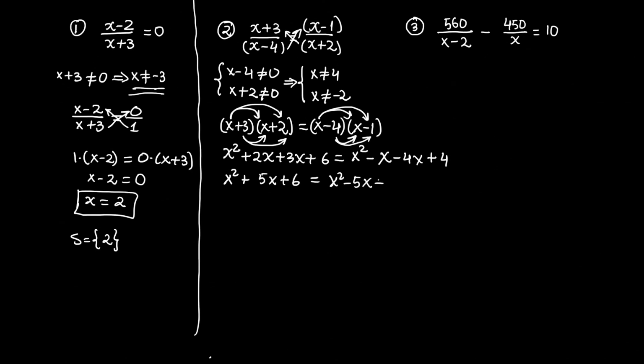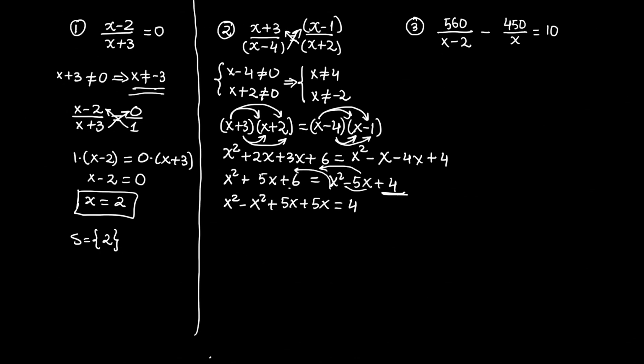From here, I have x squared plus 5x plus 6 equal to x squared minus 5x plus 4. So I'm going to put together the x squared, the x terms, and then the numbers. I take x squared and bring it to this side. It is positive, then becomes negative. Plus, I have 5x. I bring it to the other side. It's negative, becomes positive. I'm left here with just 4.